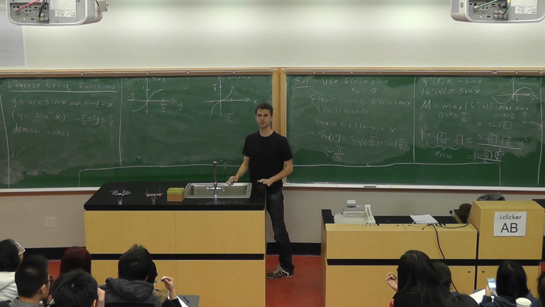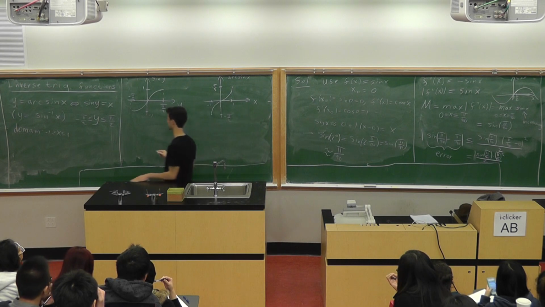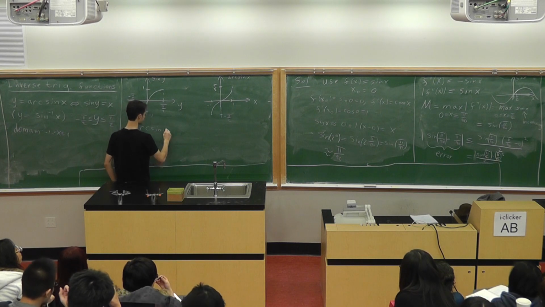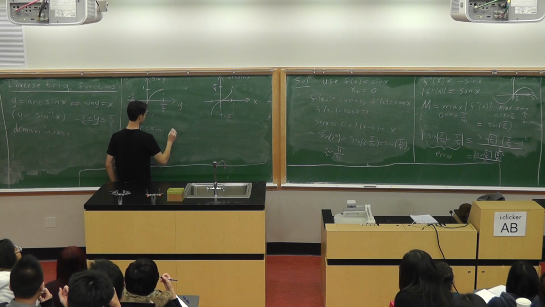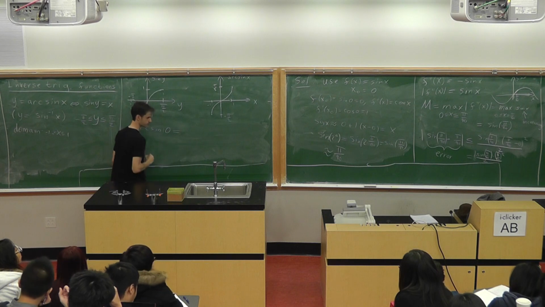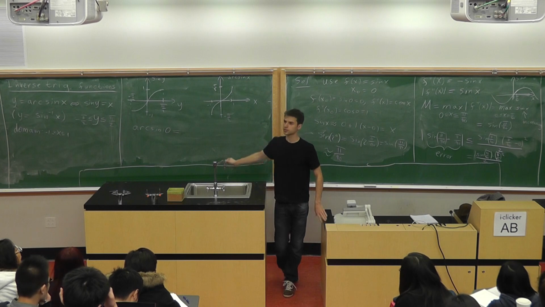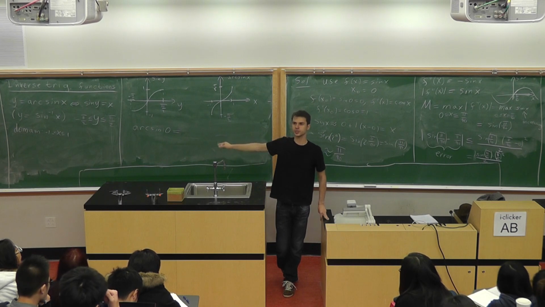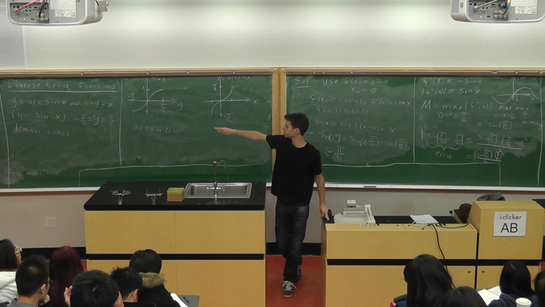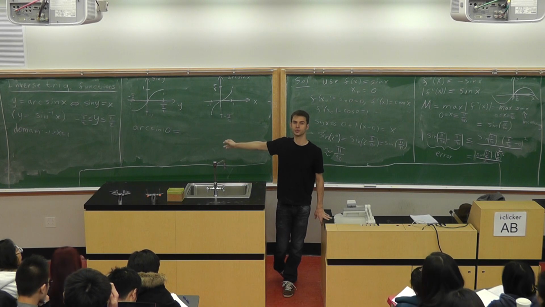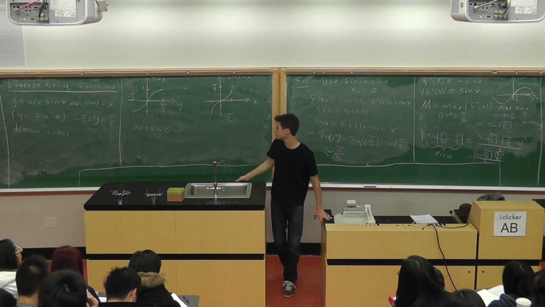Next, let's discuss several simple values for arc sine. Arc sine, say, 0. So by definition, arc sine of 0 is the number between minus pi by 2 and pi by 2 whose sine is equal to 0. What is this number? 0, yes.